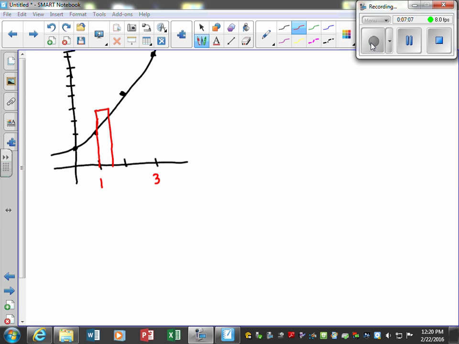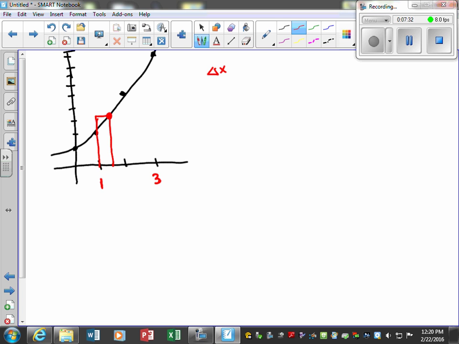Okay, using the same information before, I'm trying to just sketch this out, but I'll show you how we draw the rectangles for circumscribed. So remember our delta x was 1/2, and we're only going from the regions from 1 to 3. So if I go over 1/2, that puts me here. Now I want to go up till I hit my function, and this time I'm going to extend that out to the left.